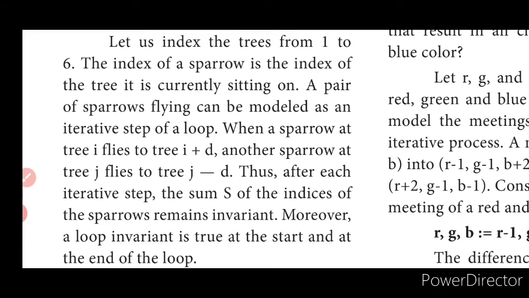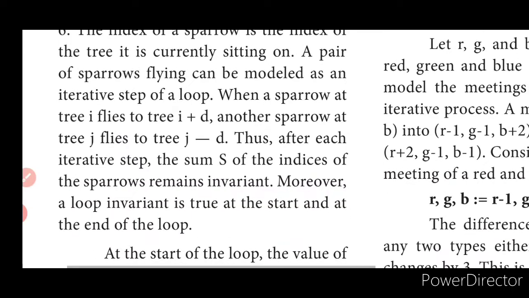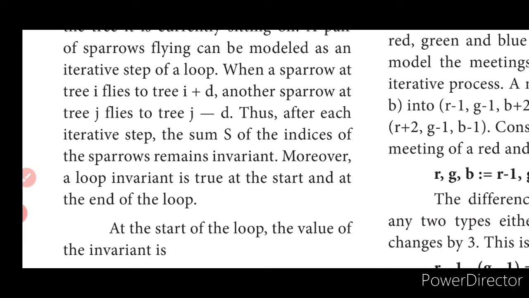One sparrow at tree i flies to tree i plus d. Another sparrow at tree j flies to tree j minus d. Thus, after each iterative step, the sum of the indices of the sparrows remains invariant. Moreover, a loop invariant is true at the start and the end of the loop.